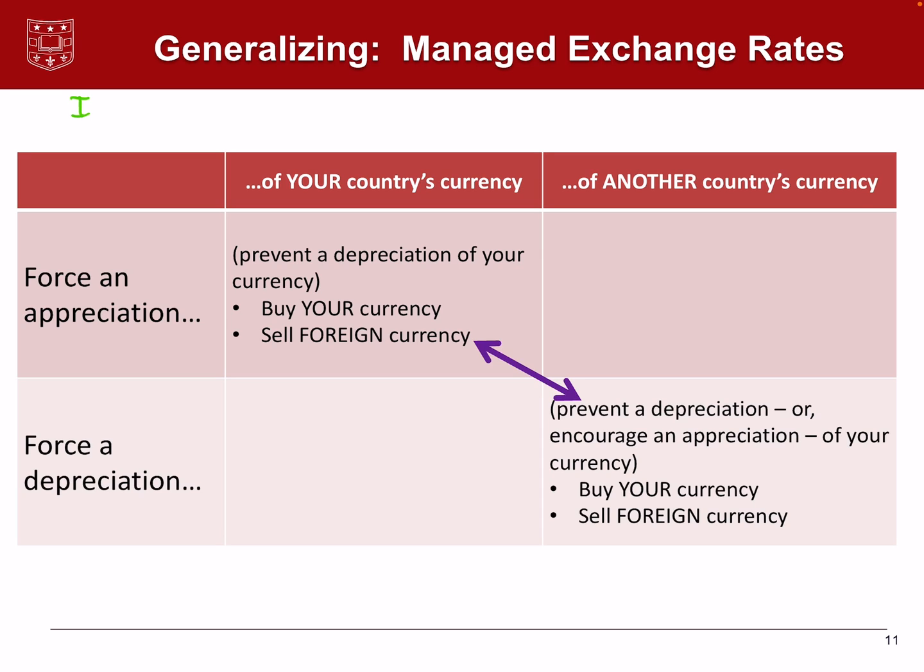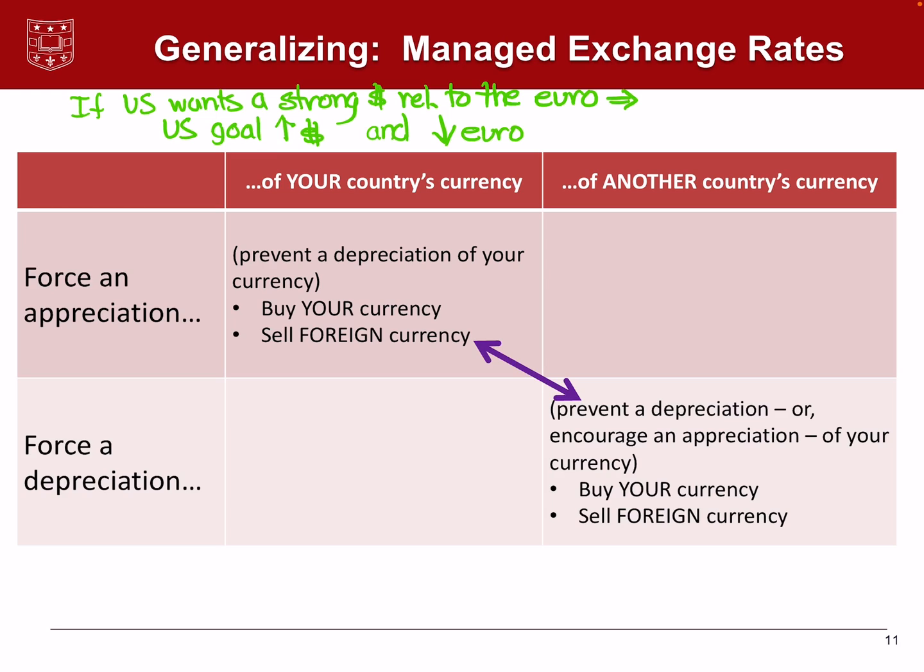So if, say, the US wants a strong dollar relative to the euro, for instance, then the US wants to force an appreciation, that is, to increase the value of the dollar and force a depreciation of the euro. And what does this mean?